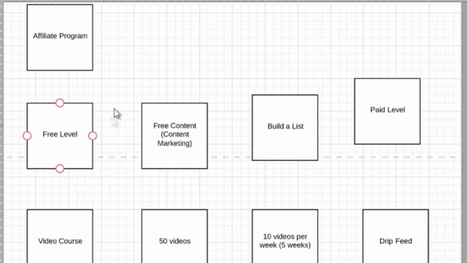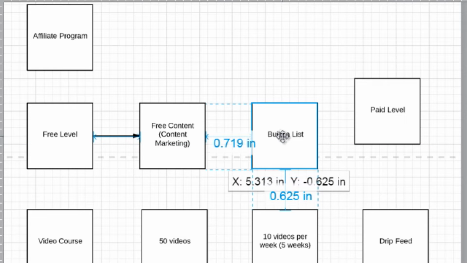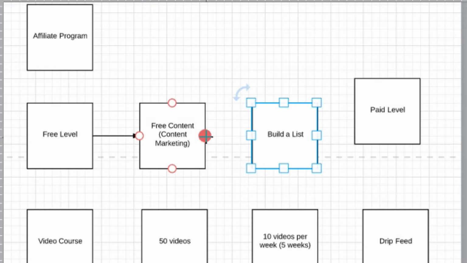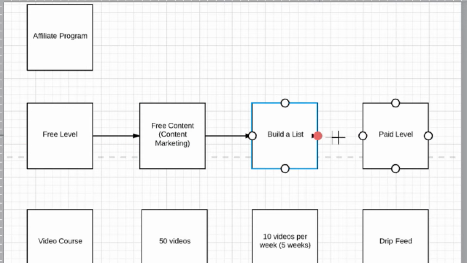Let's put this in order. So obviously we got free level, and then we're going to make an arrow to go from here to here. And from the free content, we are going to build a list like that. And then we're obviously going to want to sell people into the paid level.